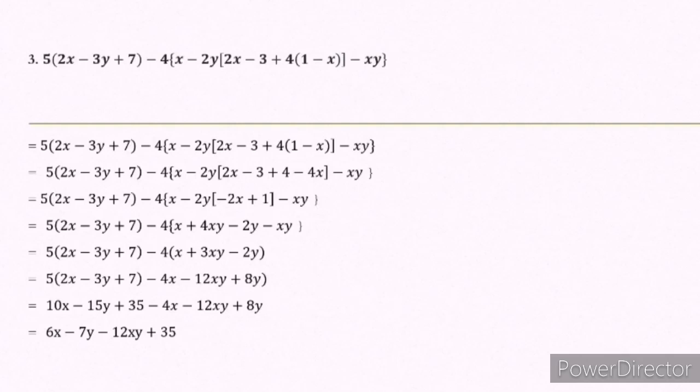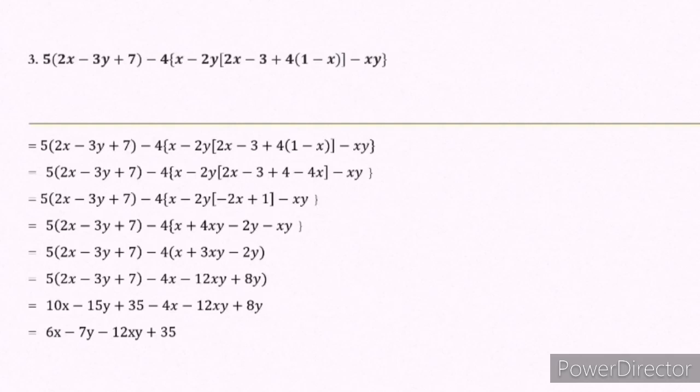Then quantity 5, quantity 2x minus 3y plus 7, quantity negative 4, quantity x minus 2y, quantity negative 2x plus 1, quantity negative x. We get the negative 2x from combining like terms inside the square bracket.